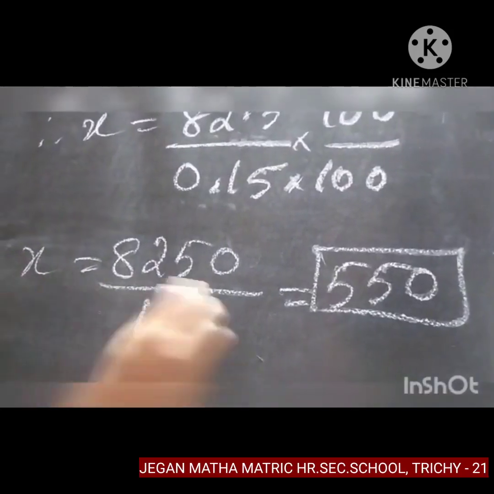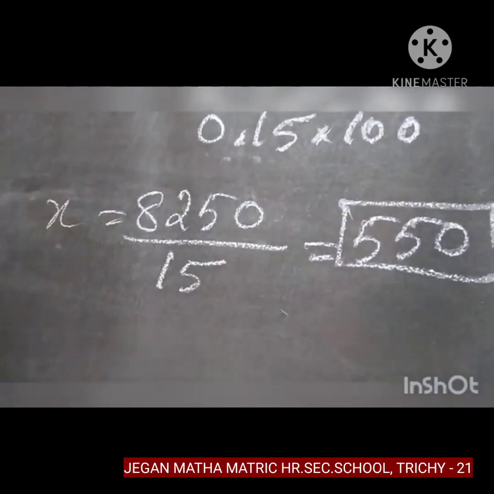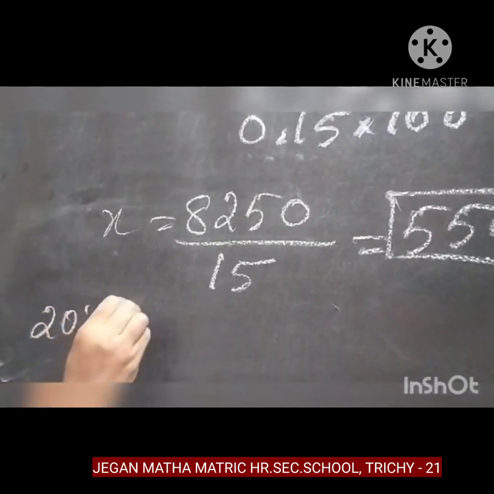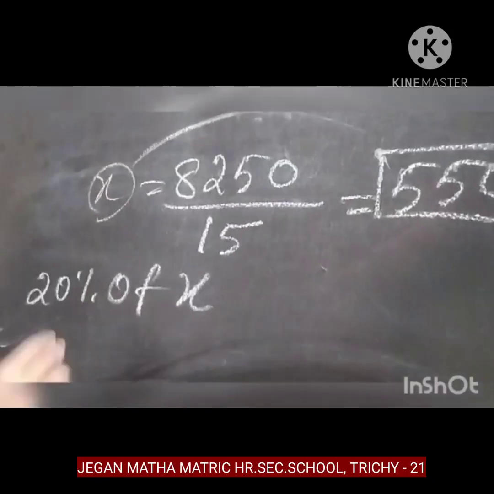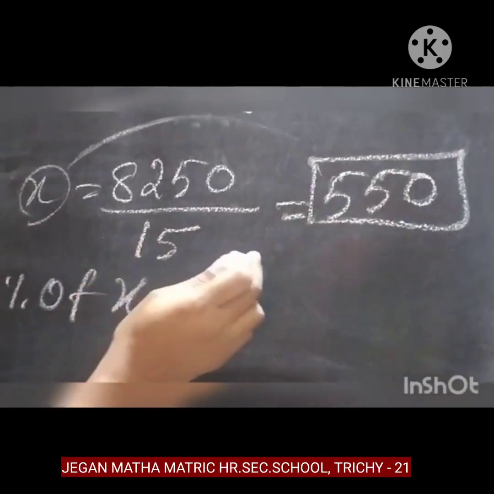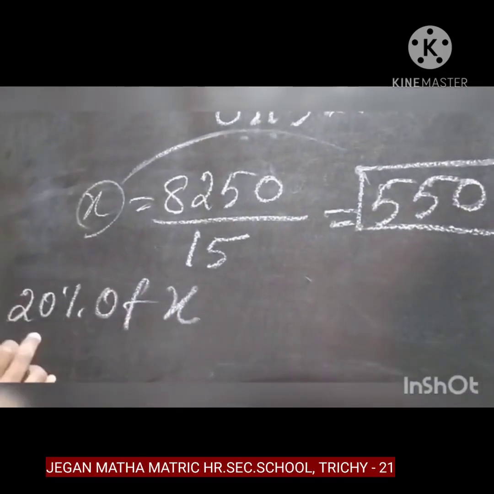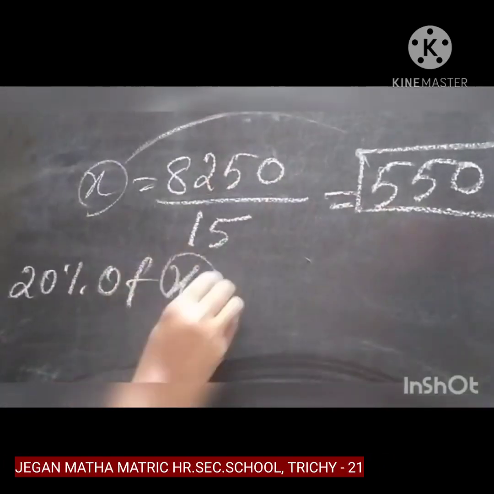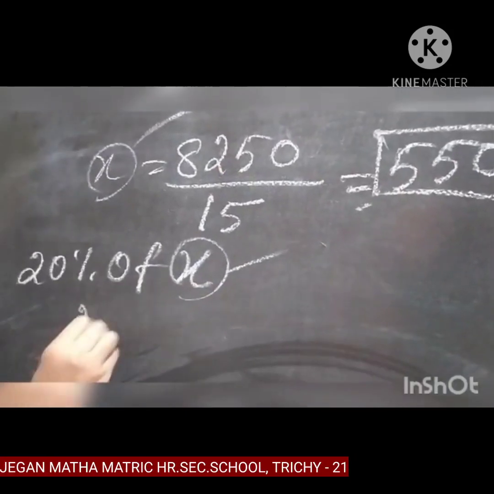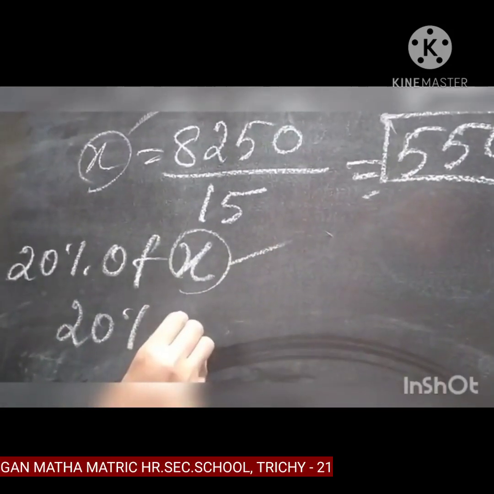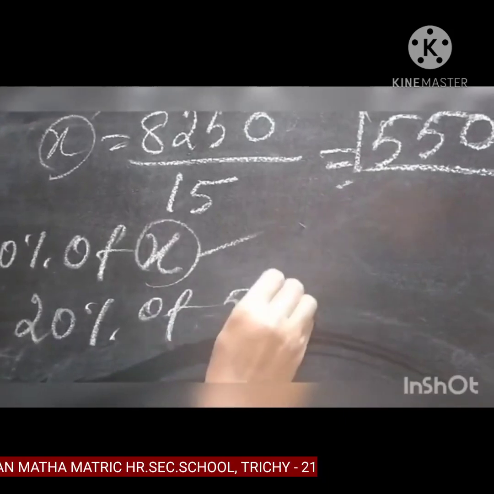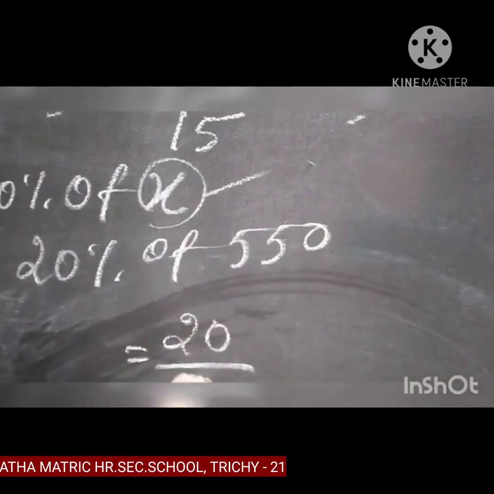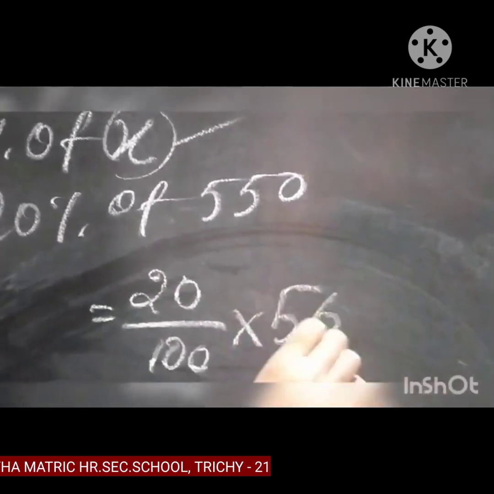So now you have the x value, that is the number. In the sum they are asking you to find 20 percentage of x. Now the value of x is 550, so you have to find 20% of 550. 20% means 20 by 100 into 550.